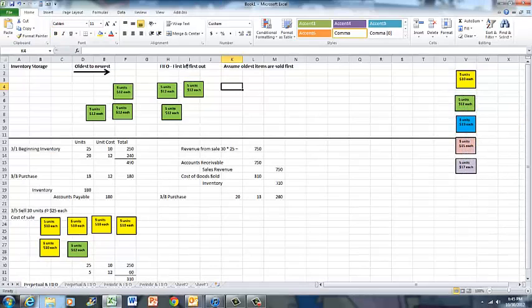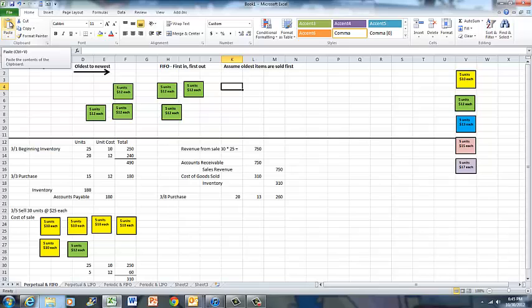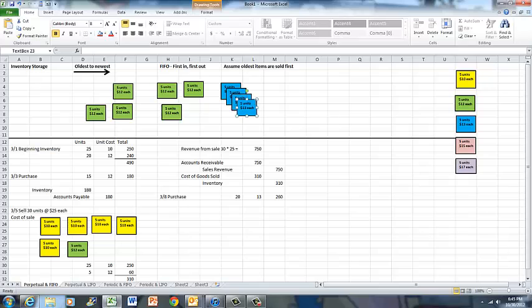So we're going to add our $13 units to our storage. We're purchasing 20 of them, so 5, 10, 15, 20. So we can now see that our inventory storage is only made up of $12 and $13 units because we have sold all of our $10 units. Excuse me while I arrange the inventory.